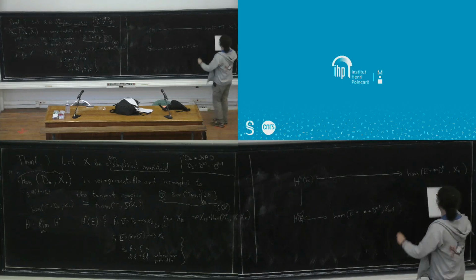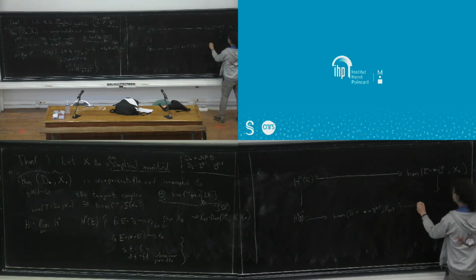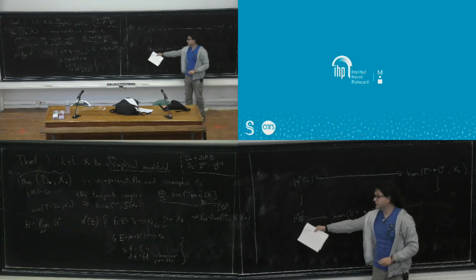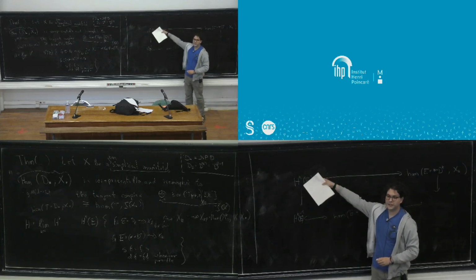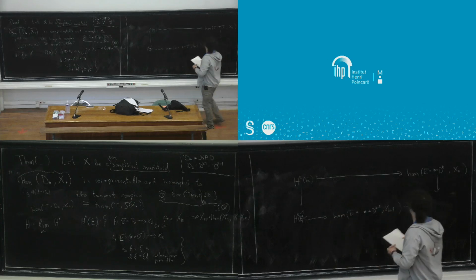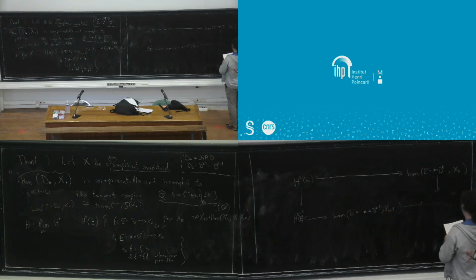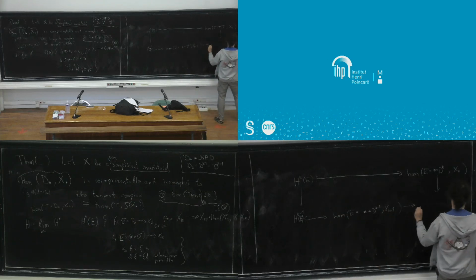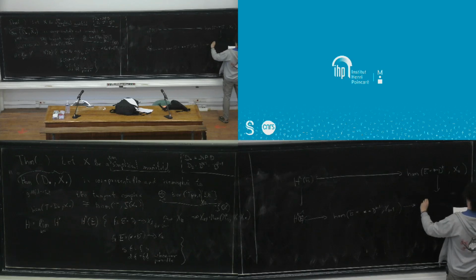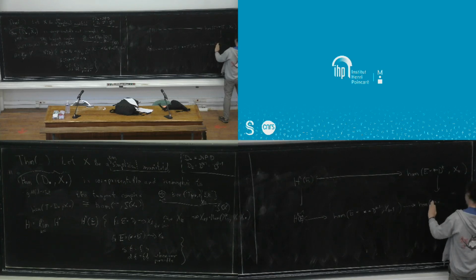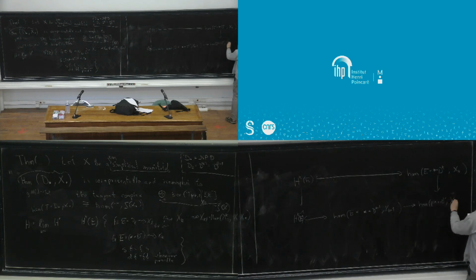And the additional conditions one needs to satisfy if one has an element in hk minus 1 and wants to extend it into an element of hk will lie in hom t times E times star times d^{k-1} to xk.